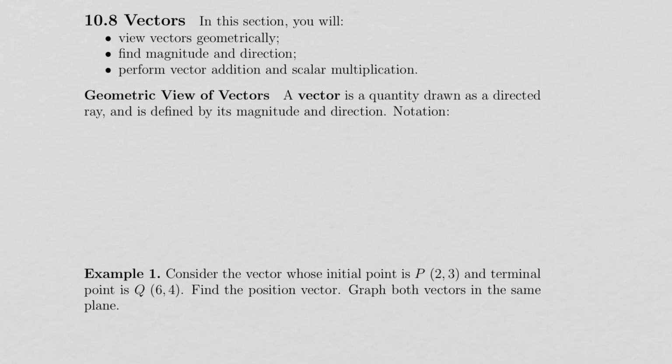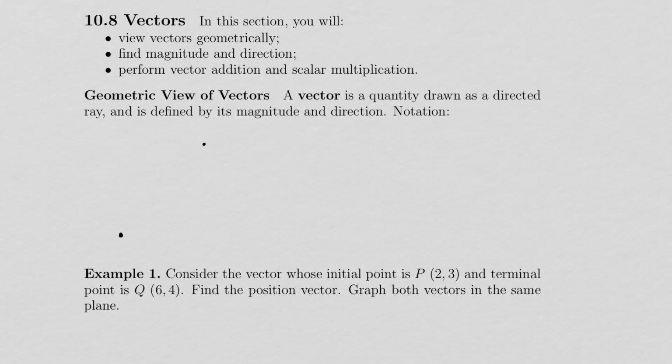Okay, so let's start by talking about graphically what a vector looks like, the geometric view of a vector. You can think of a vector as basically just an arrow, or a ray, or a directed line segment where we have an initial point and a terminal point.